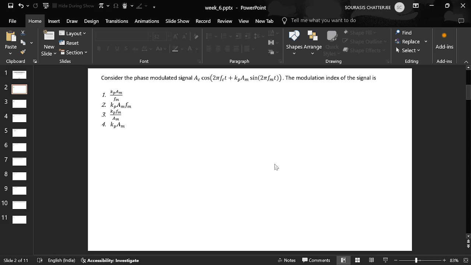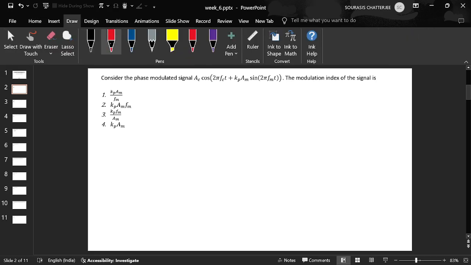That is concerned with a phase modulated signal. We are given some phase modulated signal and we are asked about the modulation index of the signal. First, let us discuss briefly how we obtain this phase modulated signal.